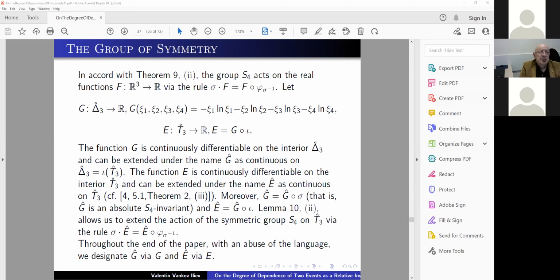It can be extended under the name E hat as continuous on T3 hat. And you can mimic the theorem for our function E alpha beta theta from the previous lecture. So we have all natural properties satisfied.